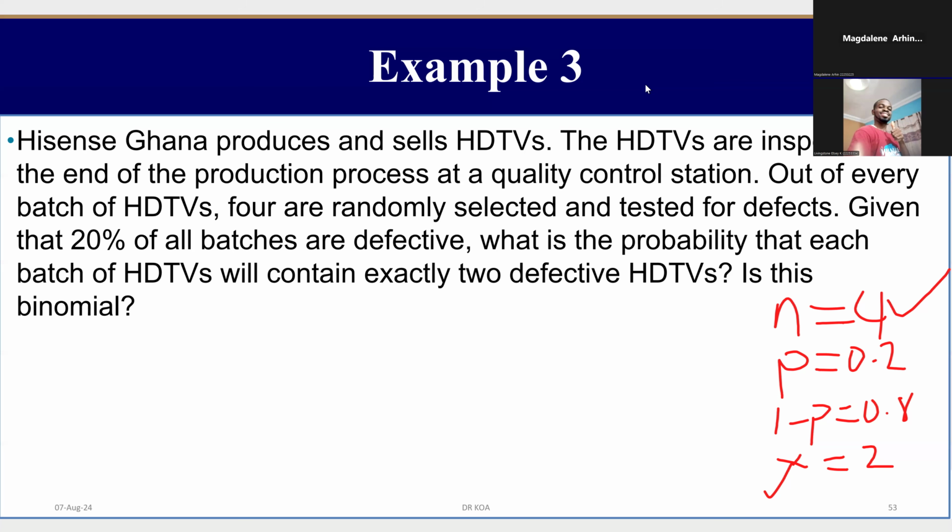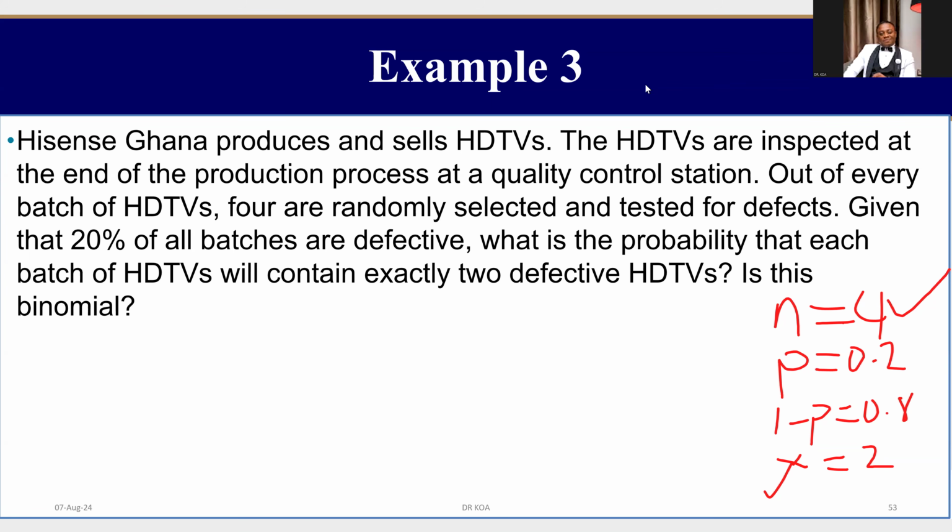So we are looking at defective and non-defective. Why is it 2? Remember that X is always the number of successes. And 2 is the number of successes. 2 is the one that is representing the defective items.